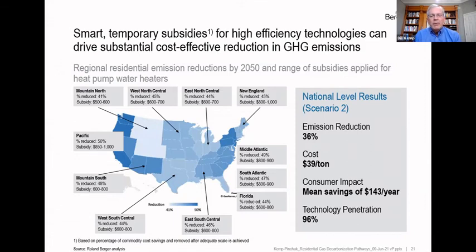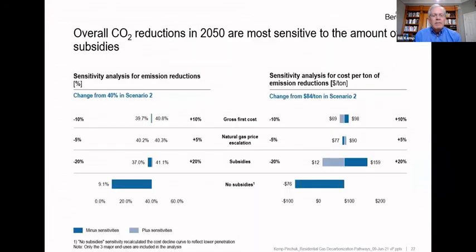And these savings, by the way, do include the cost of the subsidies. So it's the total direct social cost to the consumer and to whoever's paying the subsidies. Basically, we're not ignoring the subsidies. As you might expect, given consumer behavior, the first cost was really the key driver. Reducing the first cost was the most important thing to increasing penetration.